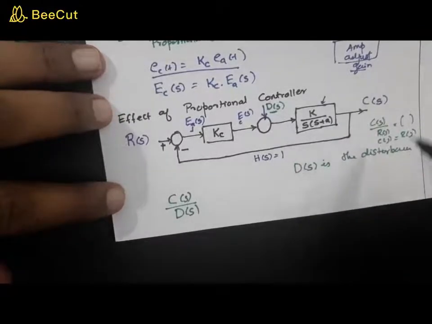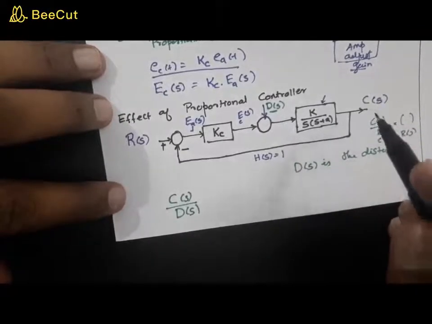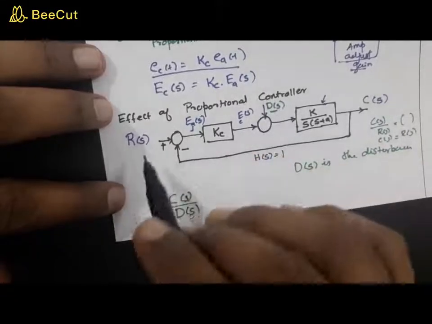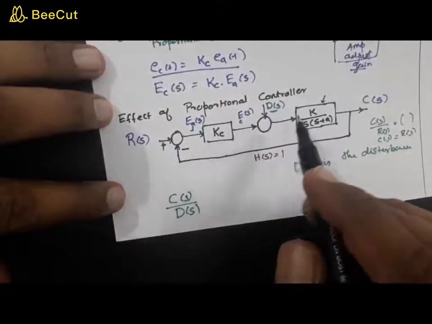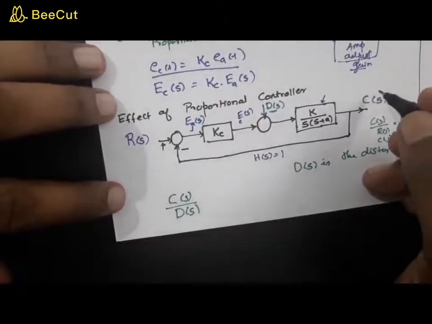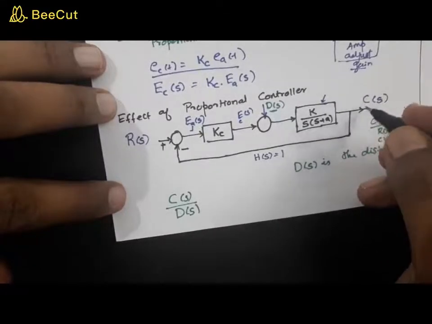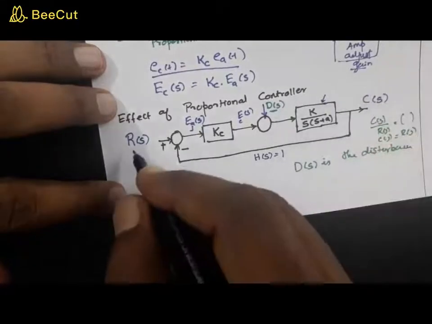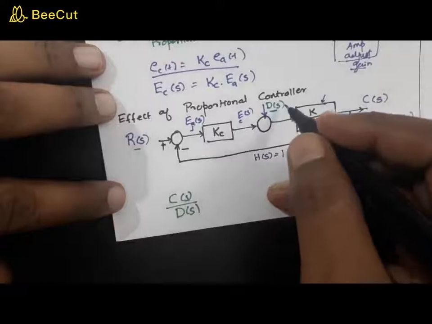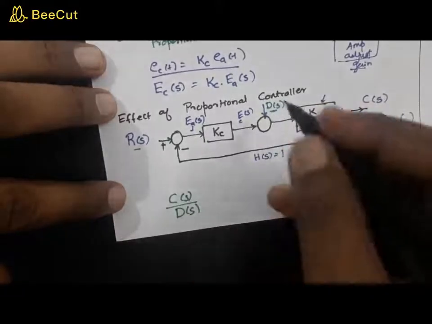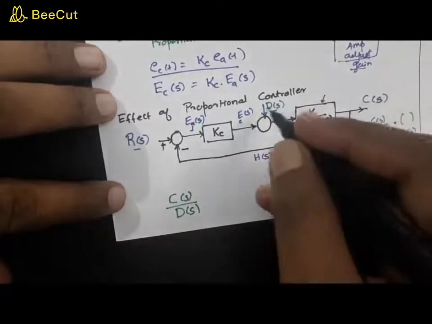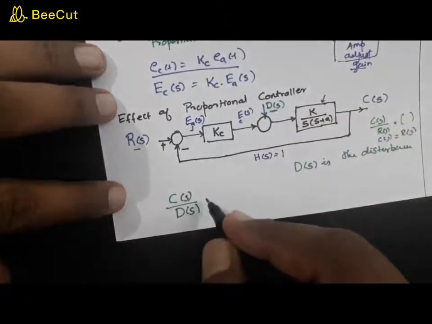As long as it is a linear system, it will follow the superposition principle. Therefore, you can see that C of S is affected by this R of S as well as D of S. So we are worried about the impact on C of S due to this D of S. Now, how will you find this?